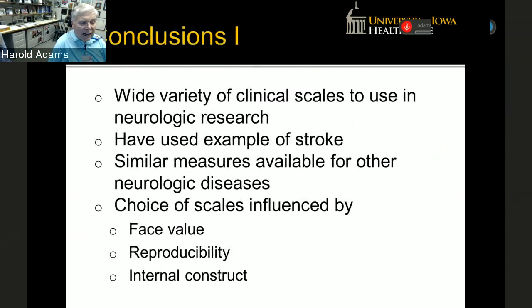So what do we have? Currently, we have a wide variety of clinical scales to use in research. I've shown you the example of some of them in stroke. Multiple other neurologic diseases have similar scales. Remember, the selection of the scale for your research project should be influenced by the face value of the scale, its internal construction, and its ability to be reproduced.